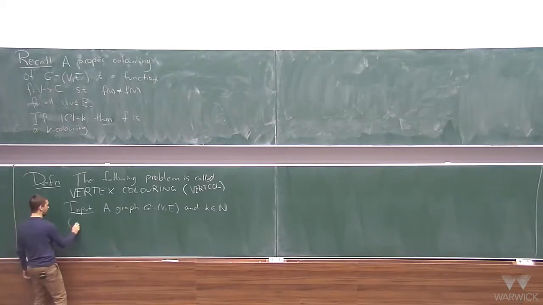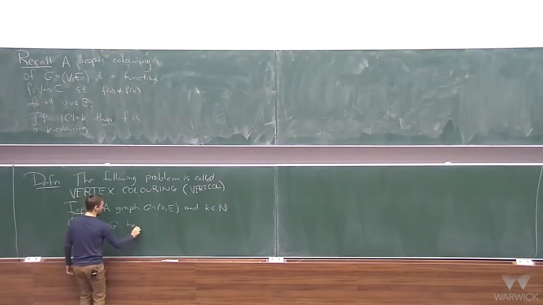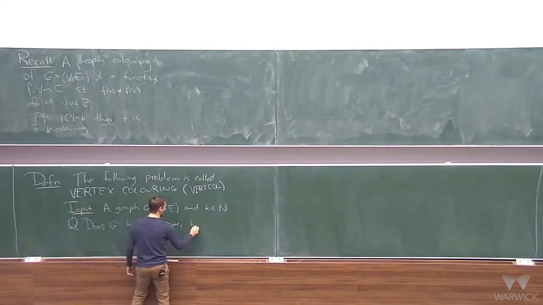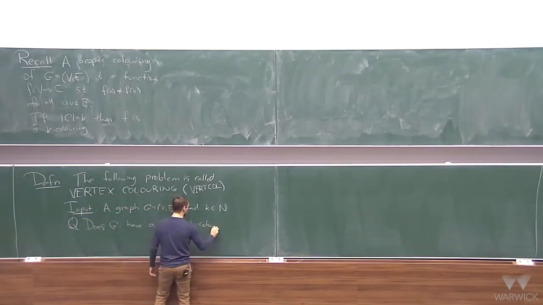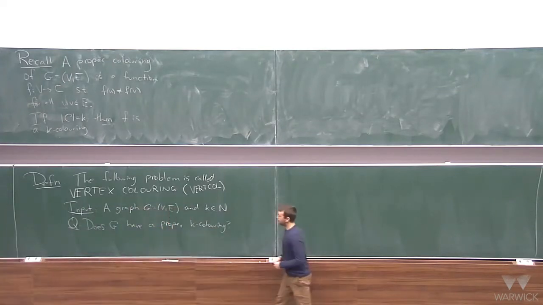So the question: does G have a proper K coloring? This is a decision problem, right? The answer is either yes or no.